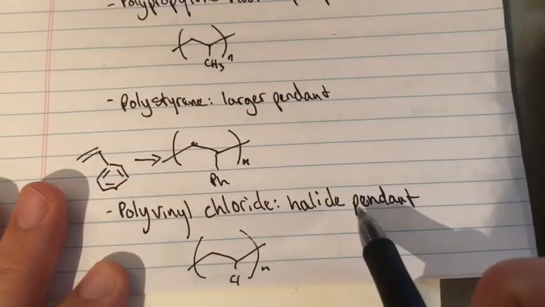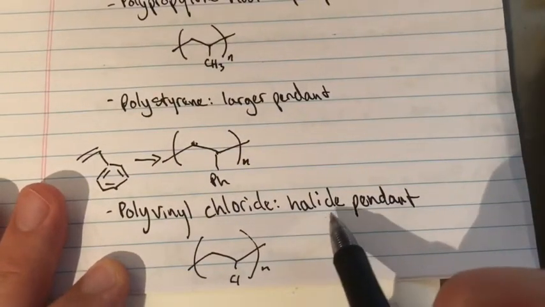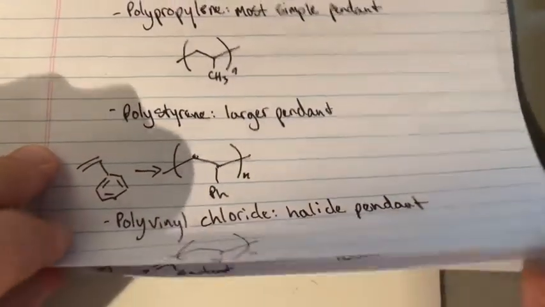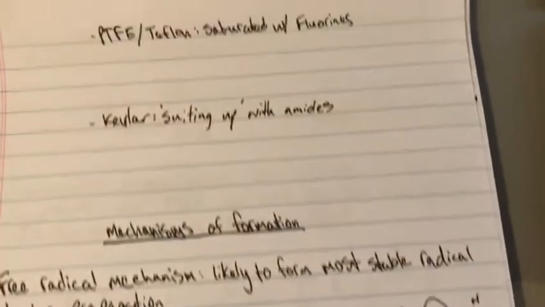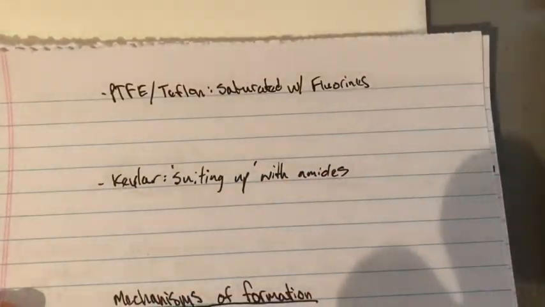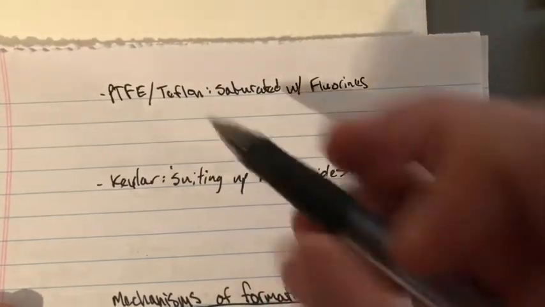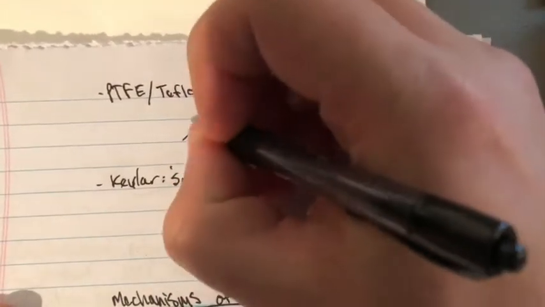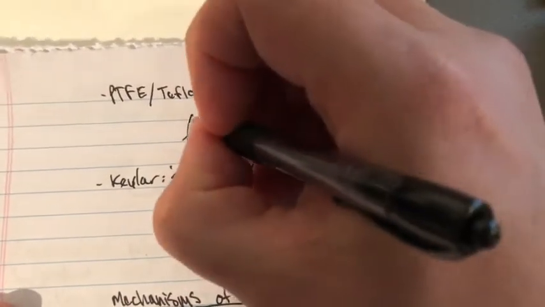Now, just to note that this is going to be a halide pendant that's going to be hanging off of here. So something else that's sort of chemically inert is PTFE or Teflon. So these are saturated with fluorines. So Teflon is going to have a repeating unit that looks like this.